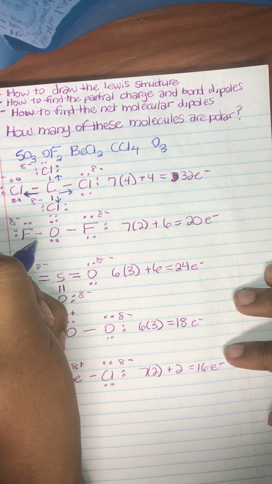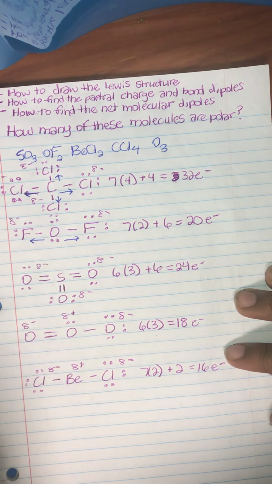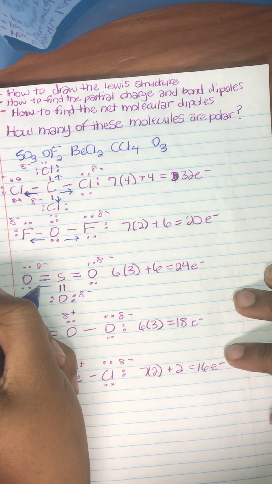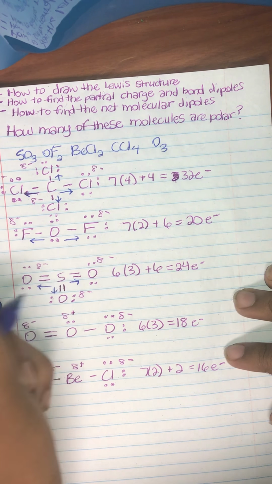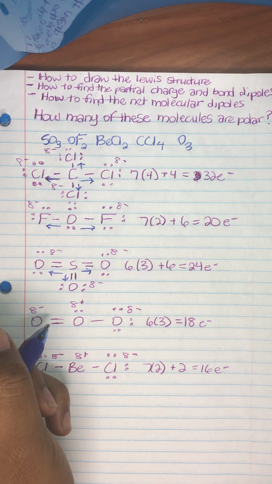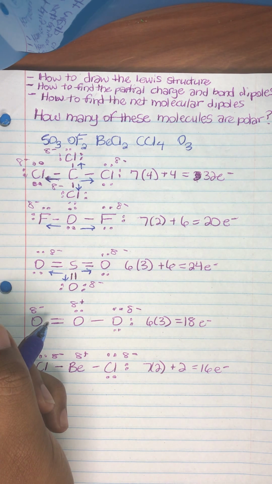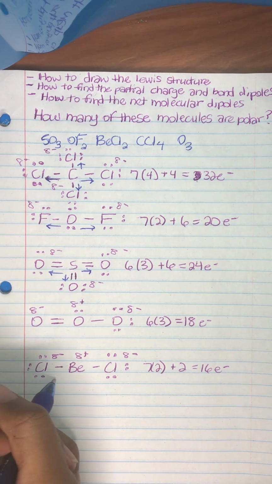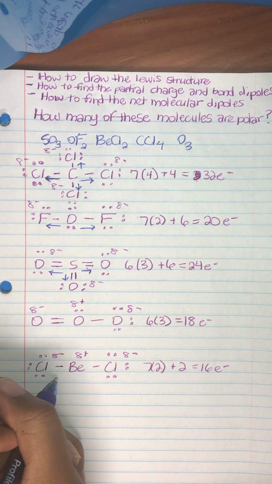For this one, it's going to be fluorine. For this one, it's going to be oxygen. For this one, it's going to be this one. And for this one, it's going to be chlorine.